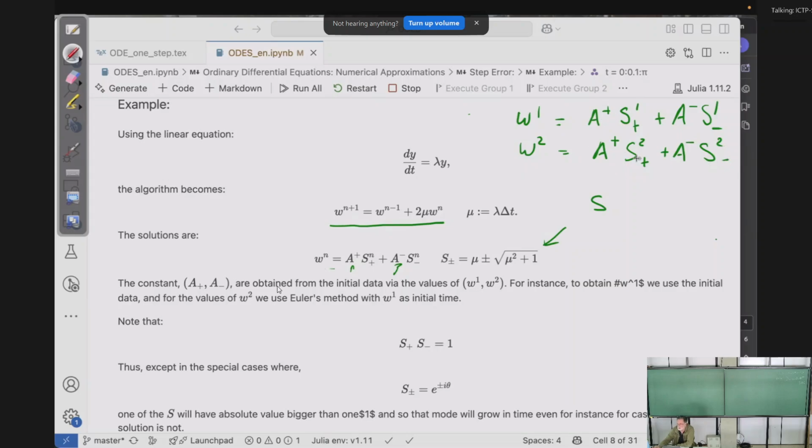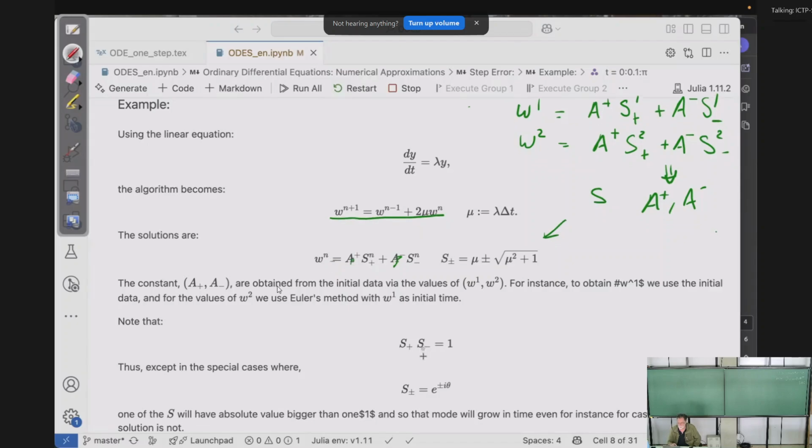And from here you know all these 4 things, you compute a plus and a minus, and you put it here and you get a solution.